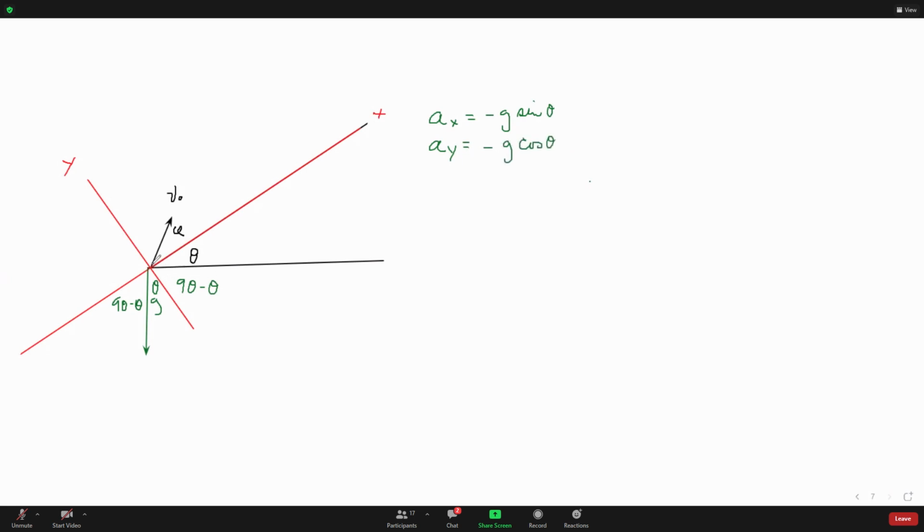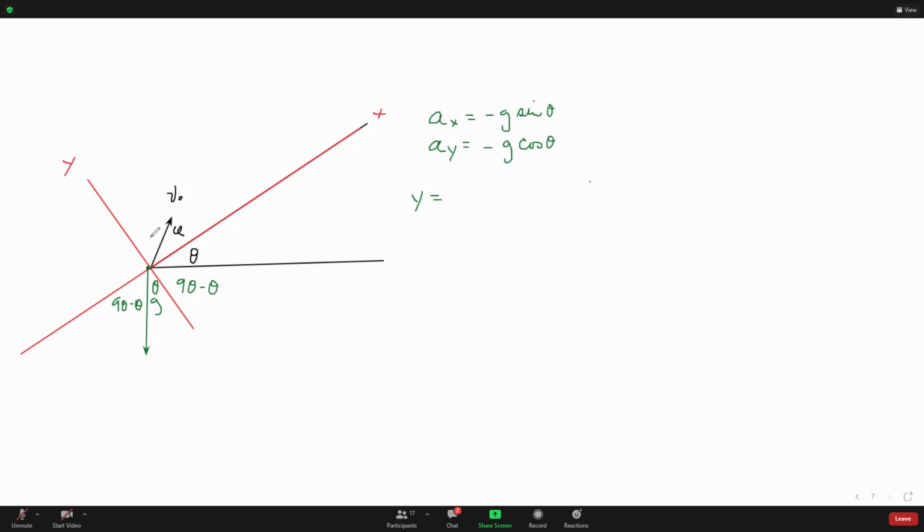So the component of g in the y-axis goes this way, so it's minus g cosine theta. Okay, great. Now we can write down all the same equations as before. We can write down y as a function of time equals y0, but that's 0 because I'm starting at the origin, plus v0y. And what is v0 in the y direction? Oh, that's a little tricky.